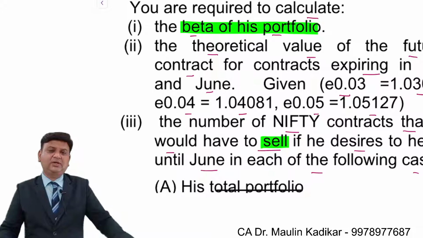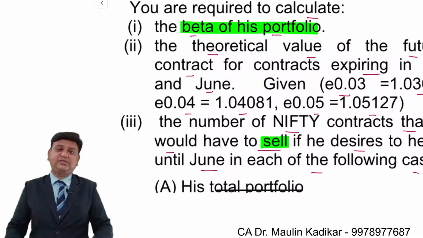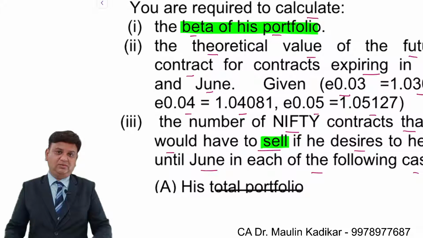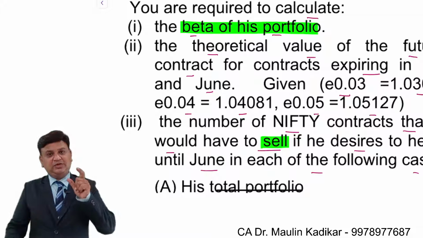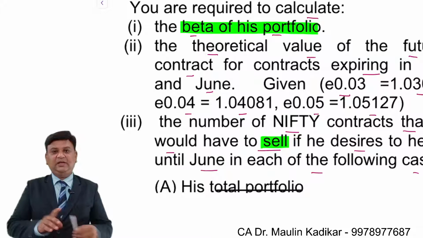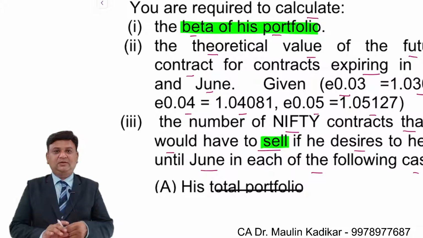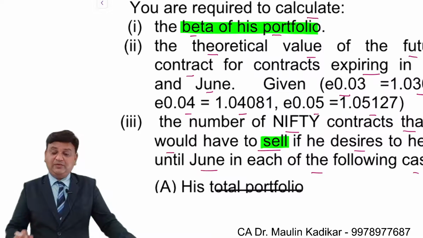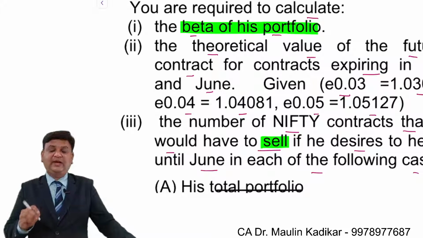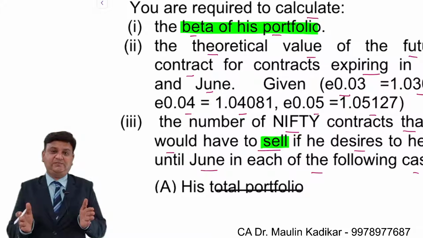Dear students, one important thing that I want to tell you from the examination point of view is that practice for these kinds of questions is very necessary. Calculation of the beta of the portfolio is not at all difficult, may it be 2 shares or 20 shares. Yet from the examination point of view, you should have a habit, a kind of ease, of doing the working even for 8 shares.